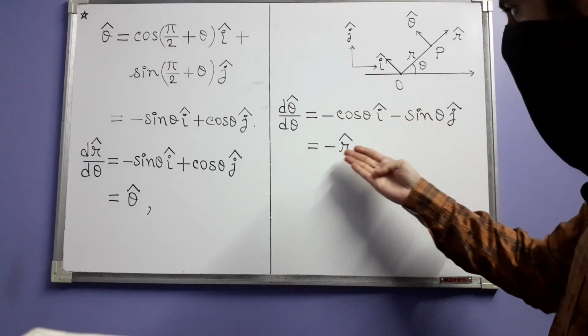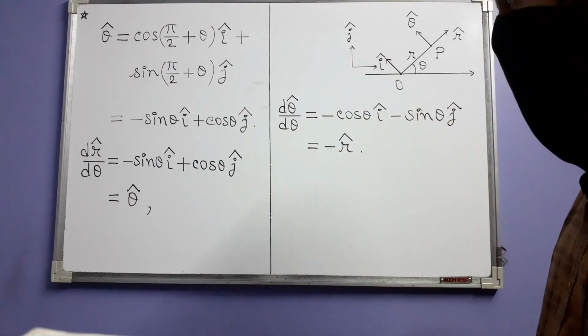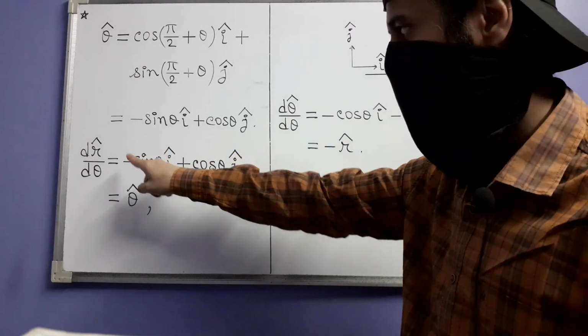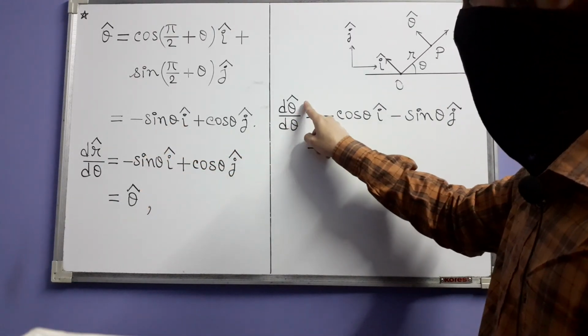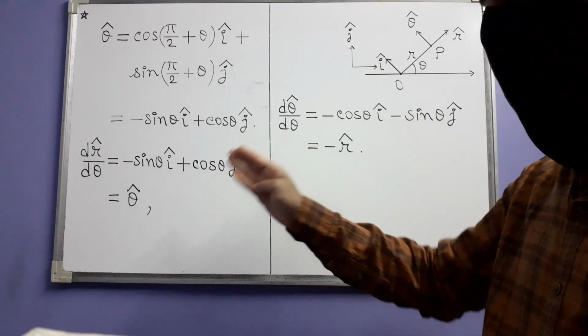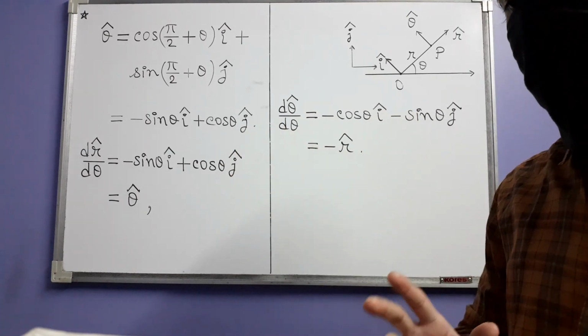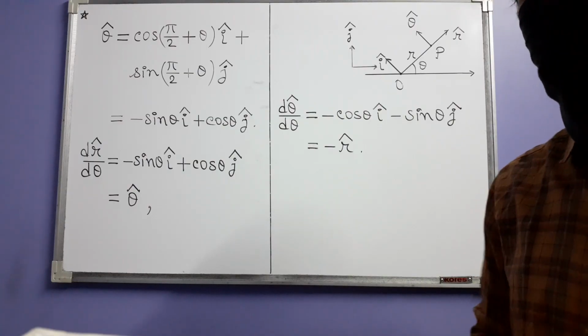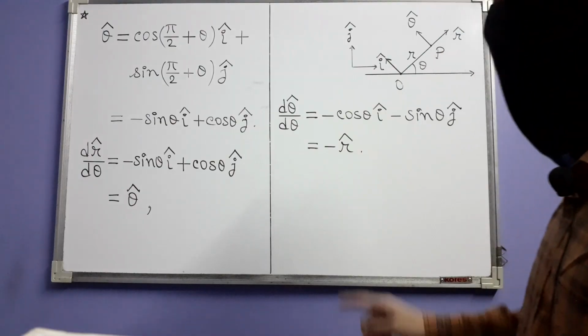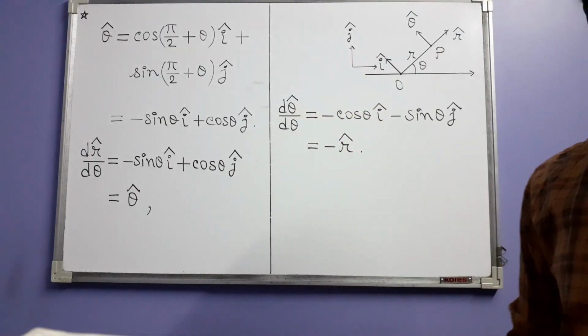This is nothing but minus r hat. So how nice this is. The derivative of r hat is theta hat, and the derivative of theta hat is minus r hat. So in this respect, r hat and theta hat are just like sine and cosine. When you differentiate sine, you get cosine. When you differentiate cosine, you get minus sine.